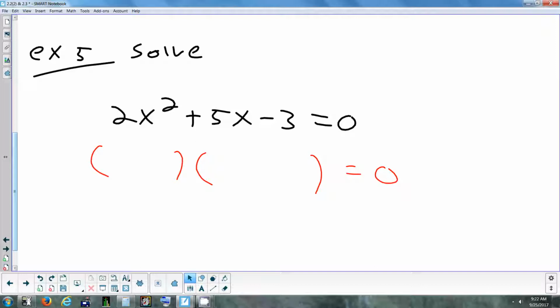Leo? 2x. Okay, so we're going to have 2x and x. You don't have any choices because 2 is prime. There's only one way to get 2. If that was a 12, well, then things just got a lot more complicated. You could try 6 and 2, 4 and 3, 12 and 1. You get a lot more options. But negative 3 is also a prime number, so that's going to limit our options as well.